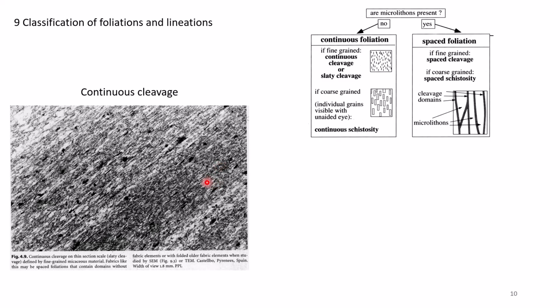That means the grain size is way below what you could see macroscopically with the naked eye or even with a hand lens. And we cannot see here a clear separation of quartz-rich and mica-rich layers. It looks pretty much uniform, particularly here in this part that is very uniform. Here we might regard some sort of minor separation, but overall continuous cleavage is an appropriate classification for this example.